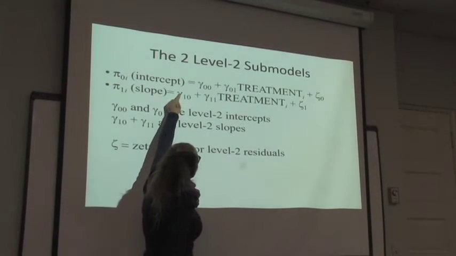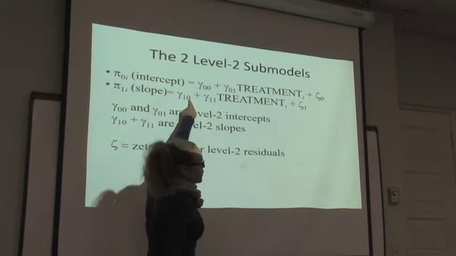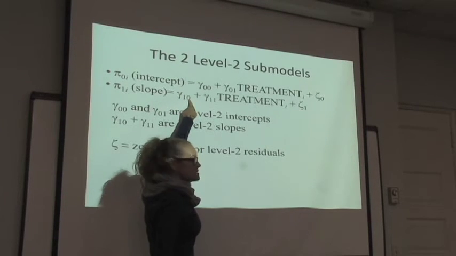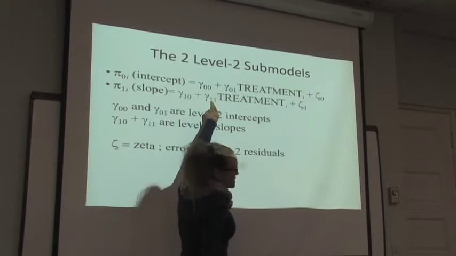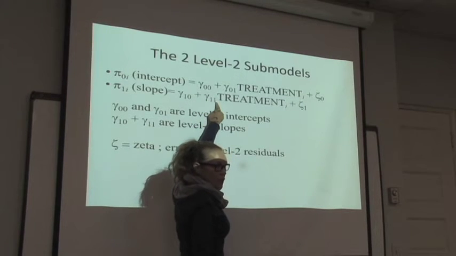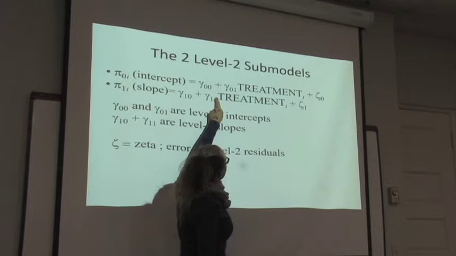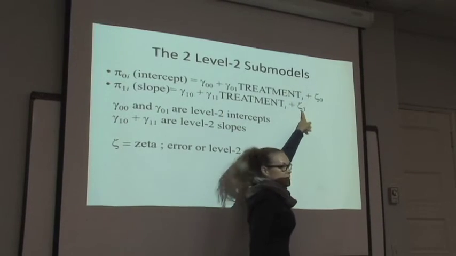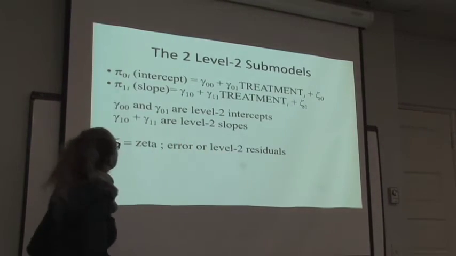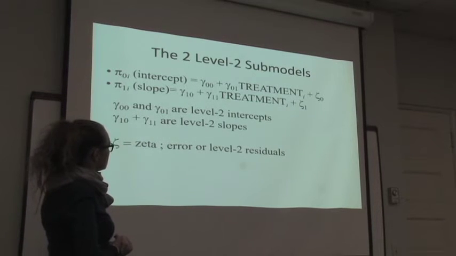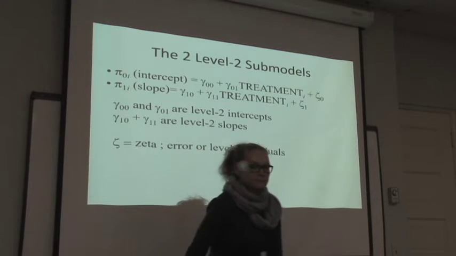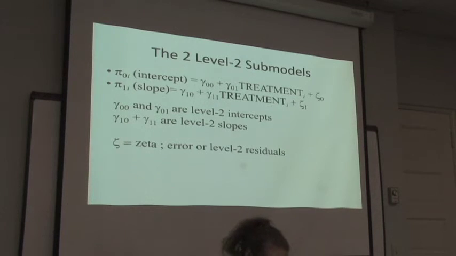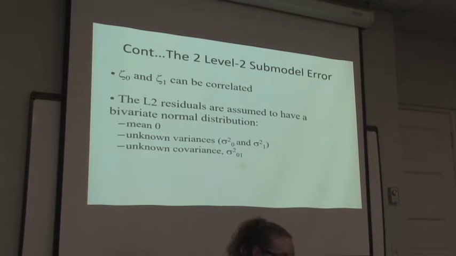We've got the slope for non-program participants, plus the incremental difference in the slope for program participants, plus the error. Okay? Errors can be correlated. Level 2 residuals are assumed to have a bivariate normal distribution.